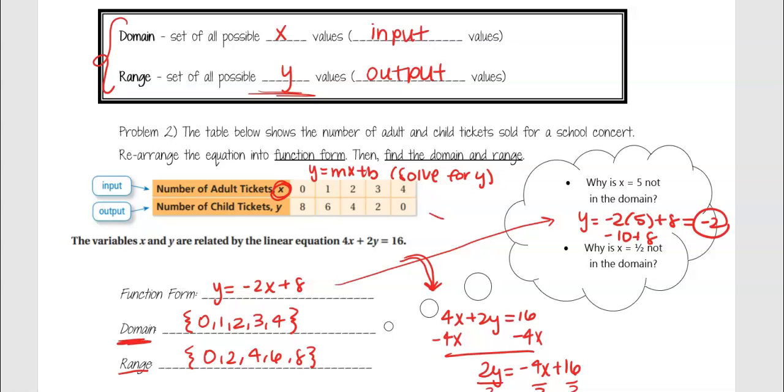Notice negative 2 isn't possible for number of child tickets. I cannot have negative 2 if that's a y value. I can't have number of child tickets be a negative number. Okay? Why is x equals a half not in the domain? Well, it's not possible to have half a ticket. We can't do that. Okay? So we have to think of the context of some of these problems.